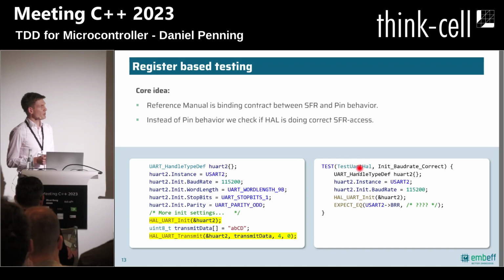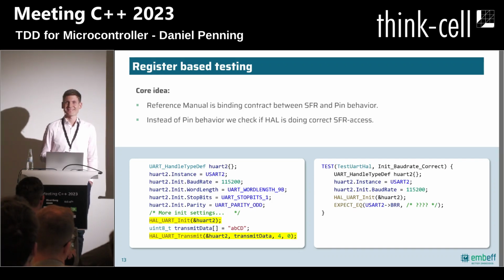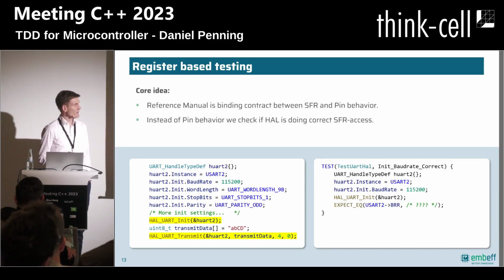Let's execute this code up to the init, and then we just assert against a specific register. We look up the reference manual. There is a baud rate register. That sounds great. So let's assert against the content of this register. The init function should set it. So let's just test it. OK, how do we get this value?